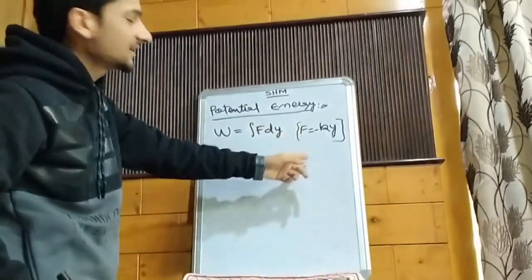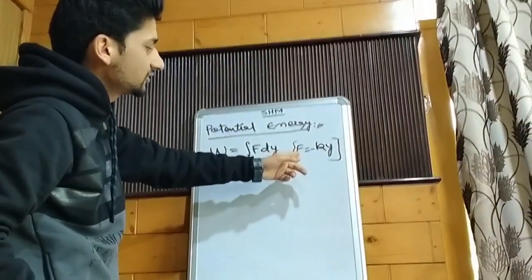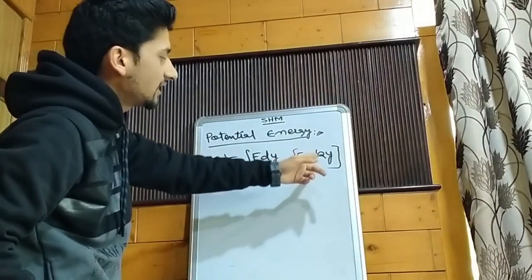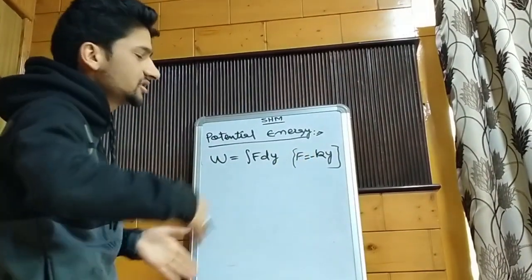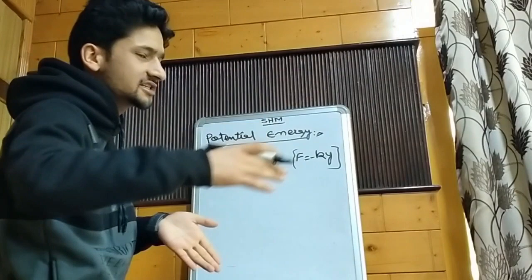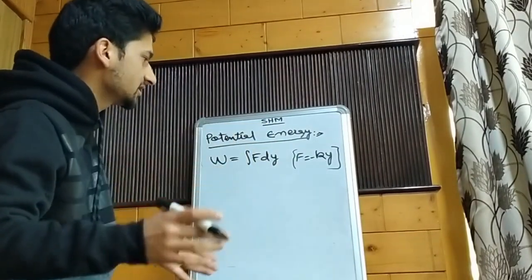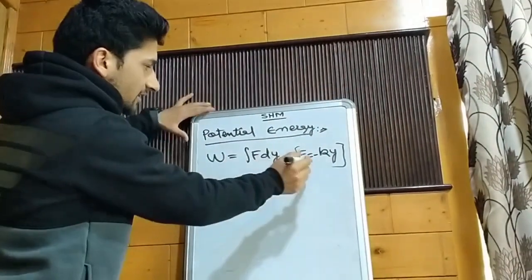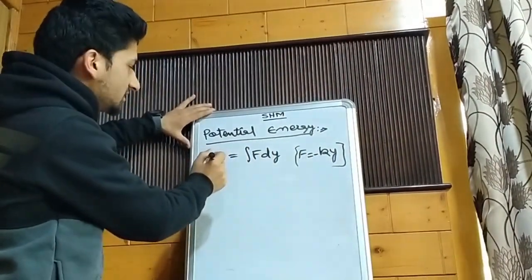Here you can clearly see that force depends on displacement. Force is proportional to y, so the force keeps on changing with the displacement. That's why we have to integrate this force while calculating the potential energy.